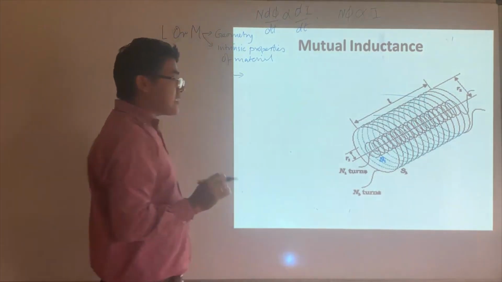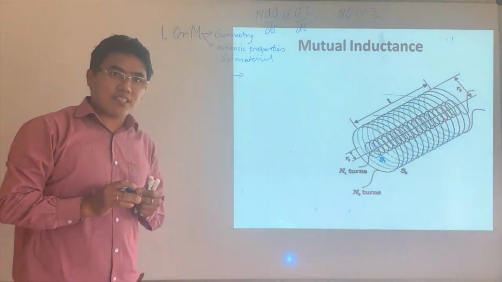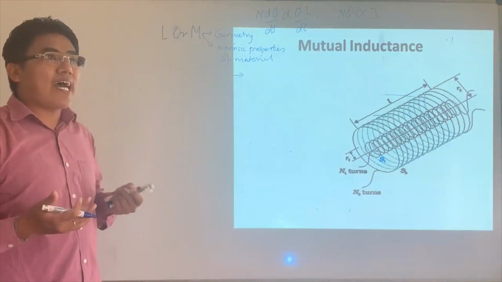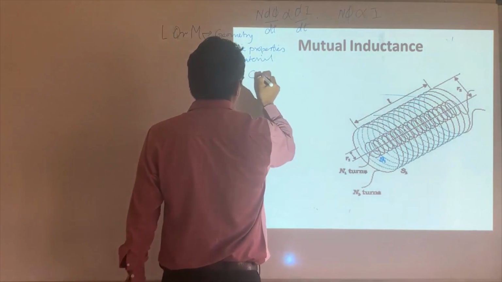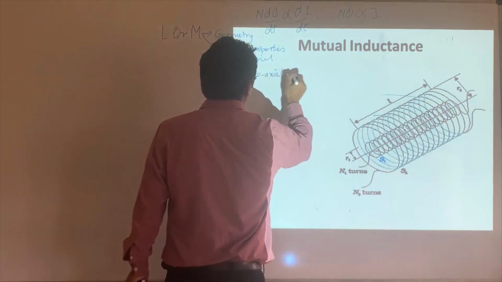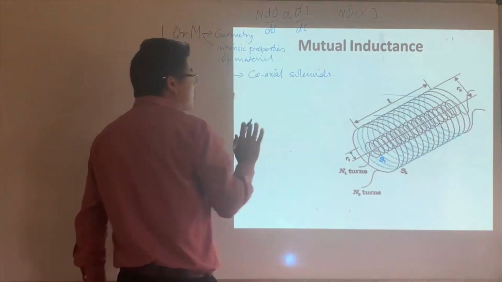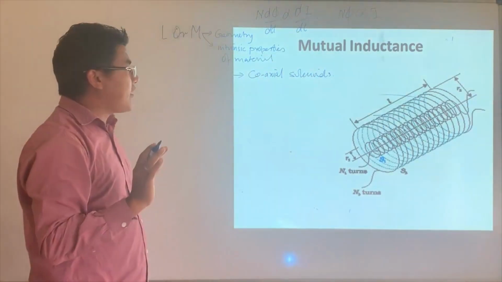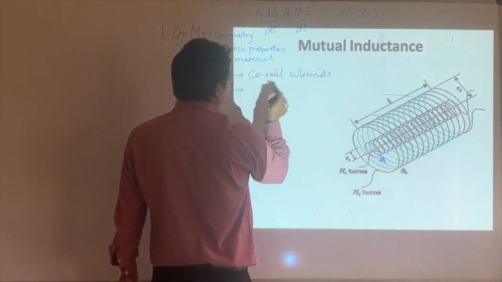So now, as per our textbook and our syllabus, we have this type of mutual inductance, that is the coaxial solenoid. So I take two solenoids, one is the outer solenoid and one is the inner solenoid, two coaxial solenoids.